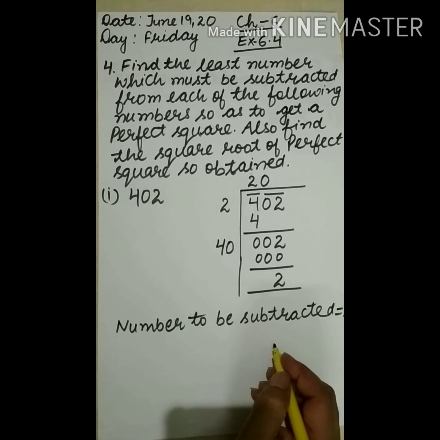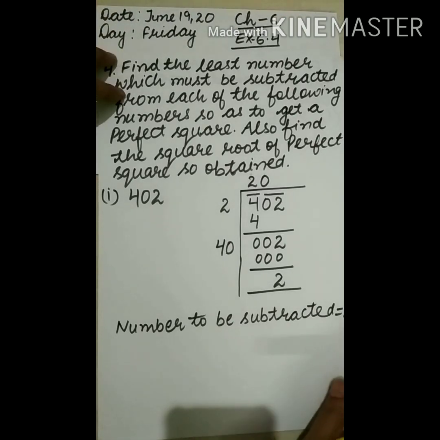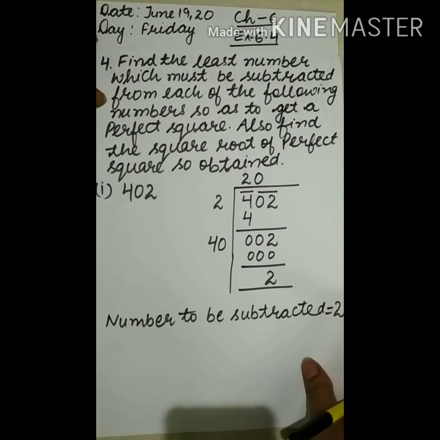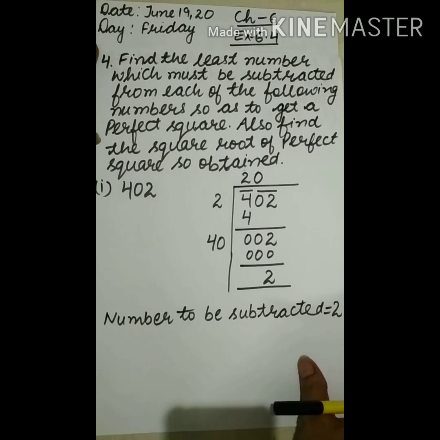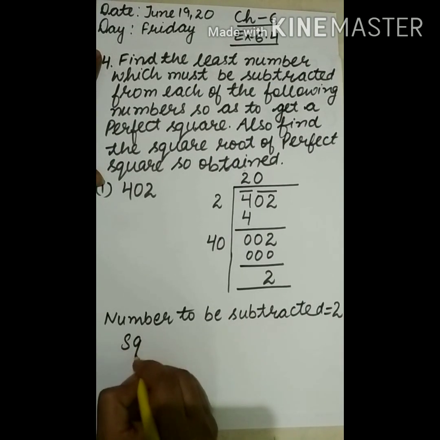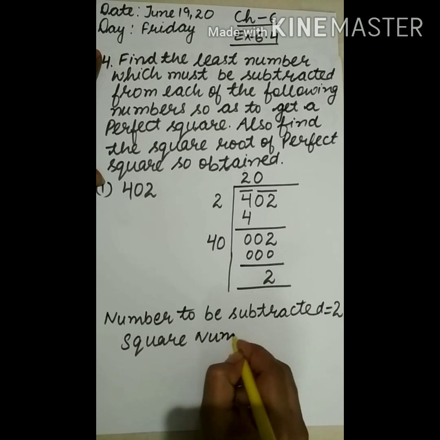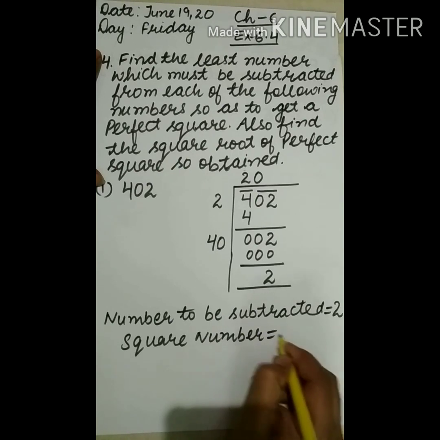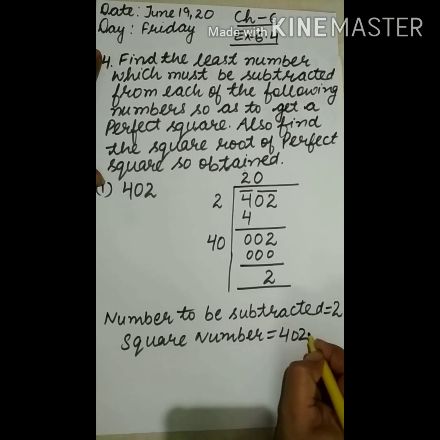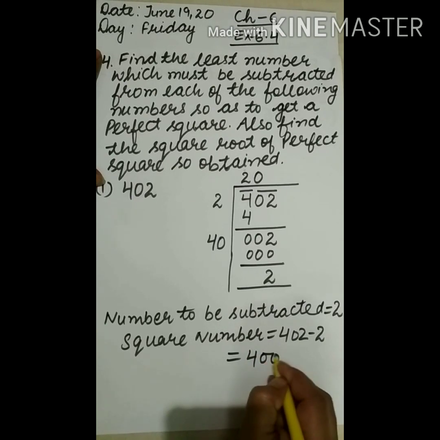Students, the remainder you get will actually be the number which should be subtracted. The number subtracted is equal to 2. So the square number will be 402 minus 2, that is equal to 400.